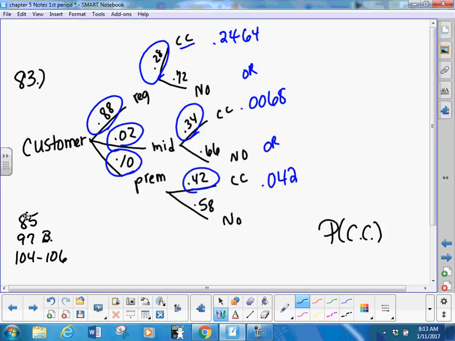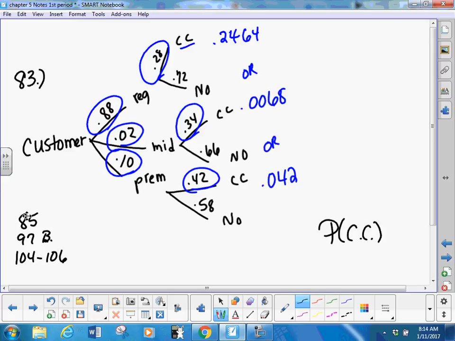Okay, let's start with 85. To work 85, I was hoping somebody would ask about this because there's one I think similar on either the quiz or the test. But this was 85 and it said go back to 83. So here's 83. So maybe you want to look at your 83 and make sure you got this correct information. This is saying that a customer buys either regular, mid-range, or premium gas.